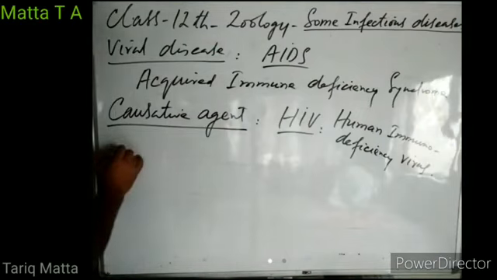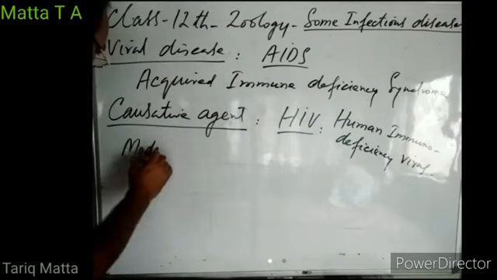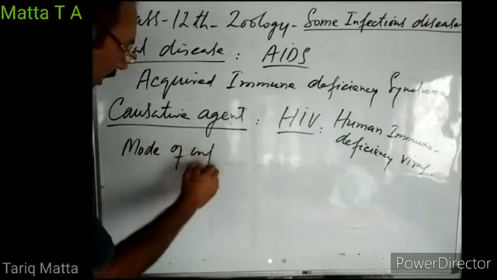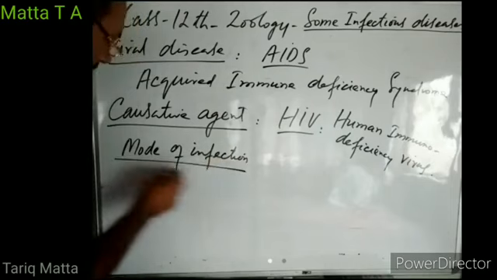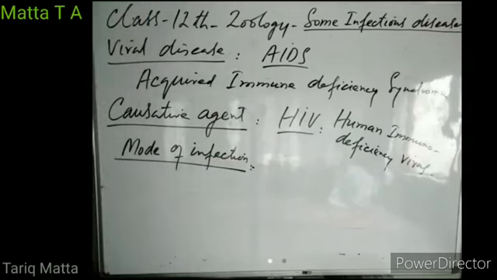Then we will have a look at the mode of infection. How does this virus enter into our body? This virus enters into the body of a person from an already infected person.